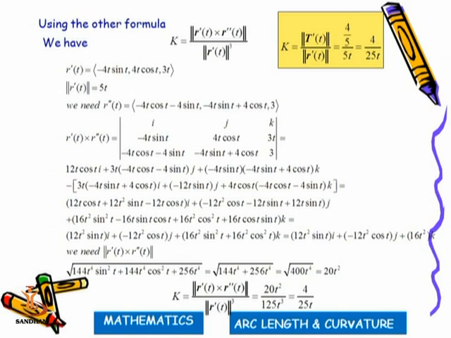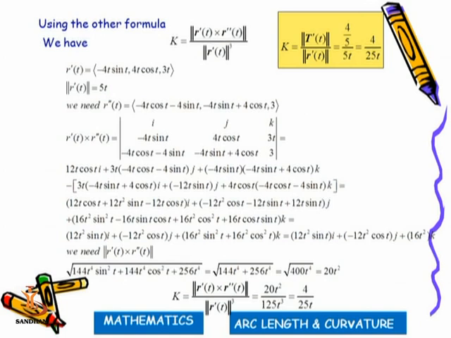If you are using this formula, r dash of t cross r double dash of t upon norm of r dash raised to 3. If we use the cross product formula, what will come here? We have r, we can find r dash, and the norm of r dash is 5t. r double dash is minus 4t cos t minus 4 sin t, comma minus 4t sin t plus 4 cos t, comma 0.